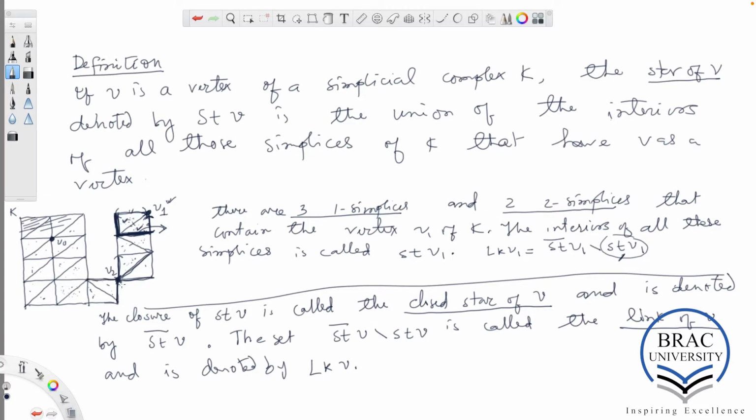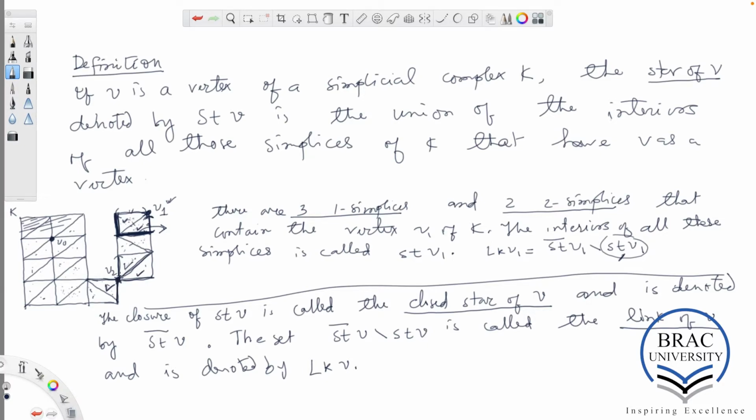So there are five one simplices that contain V2. And how many two simplices contain V2? This two simplex contains V2. This two simplex contains V2. Similarly, this two simplex also contains V2.